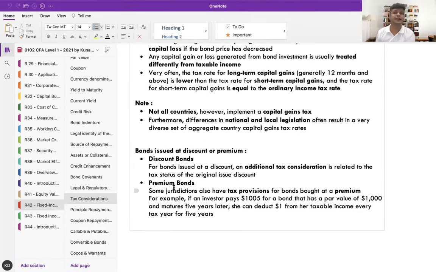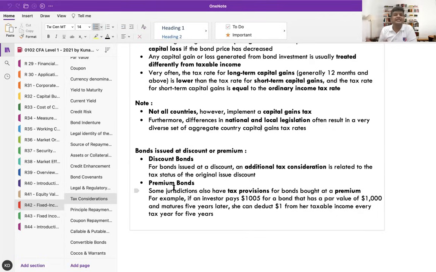Or some governments will tell you, don't pay at the end. The taxation authority may treat it as a coupon bond or may treat it at the end like just a capital gain. That completely depends on how they treat it. It's different in different jurisdictions. It's not the same everywhere.